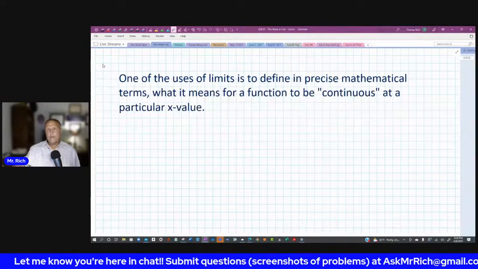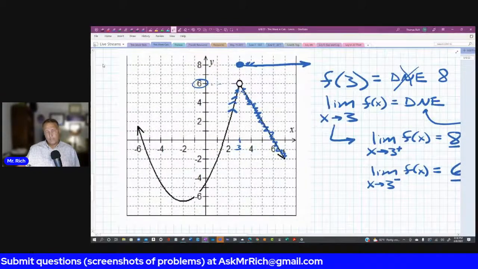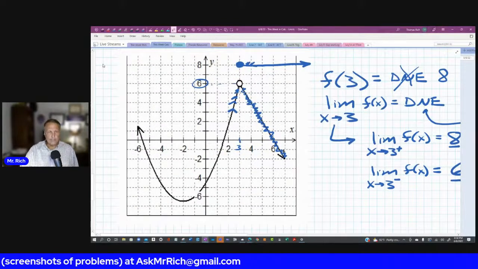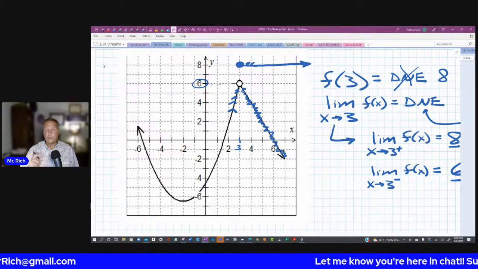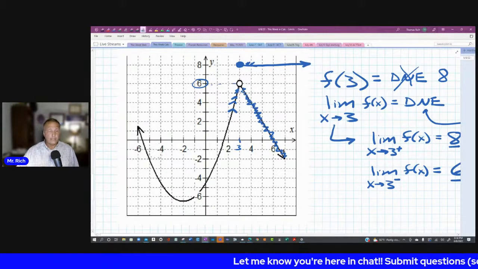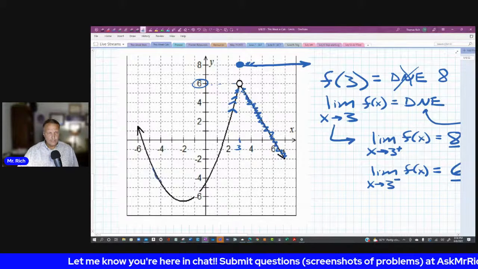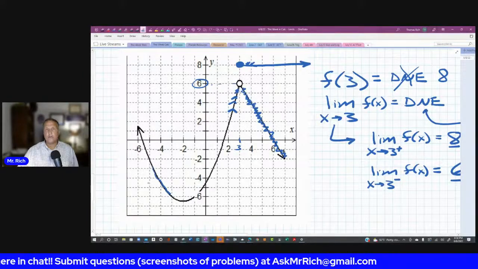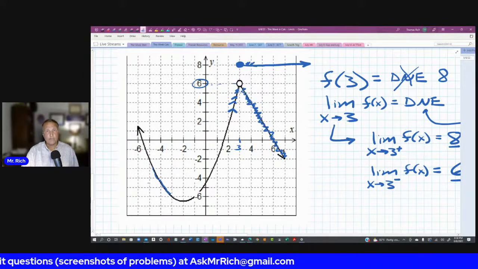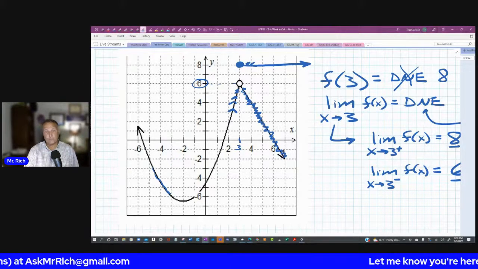I could ask the question, is the function continuous at x equals -4? And the answer would be yes, because at x equals -4, it's a smooth curve. It just passes right through and keeps on going. I didn't have to lift my pencil up to continue the function when my pencil got to x equals -4.